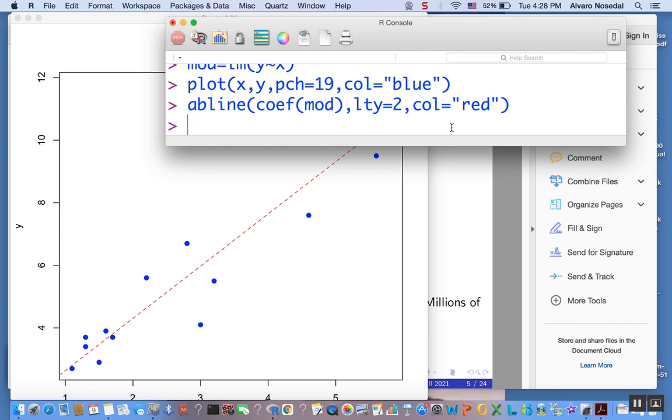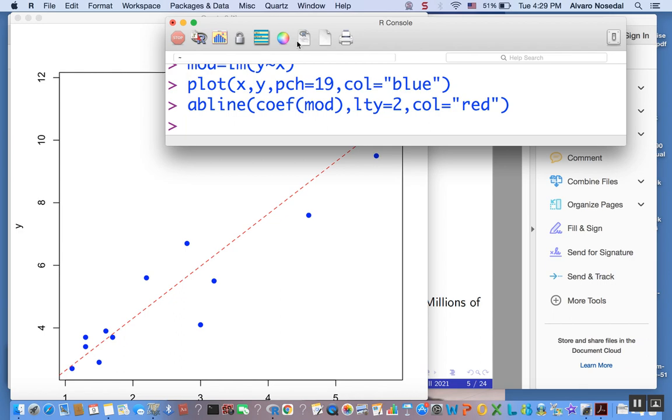The way that we're going to be doing that using a residual plot would be on the vertical axis we will have the residuals, and on the horizontal axis we will have values of our predictor. So let's try and do that.